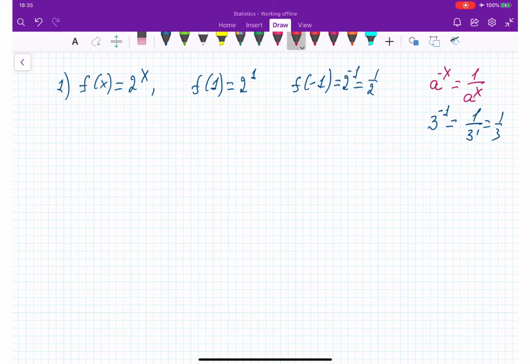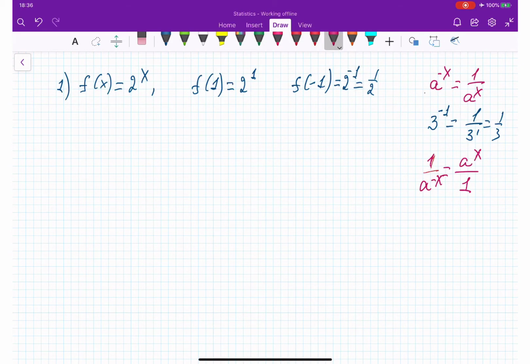And if I have negative x in the denominator, 1 over a to the power negative x, we're going to flip the fraction, which means the denominator will come to the numerator with positive x, and the numerator will go to the denominator.